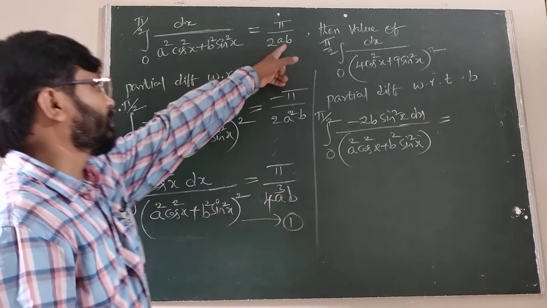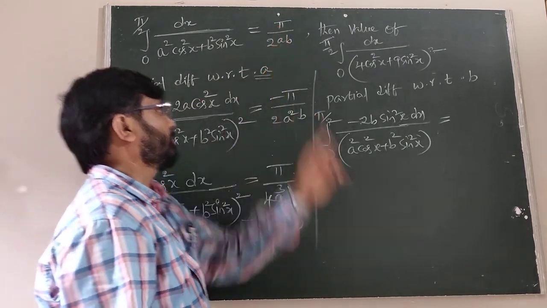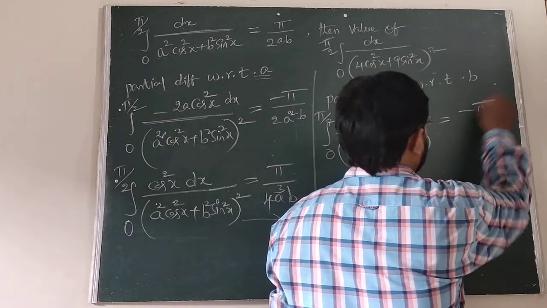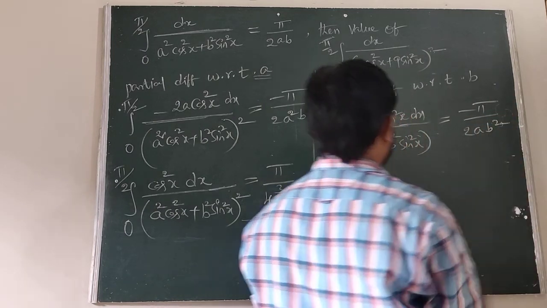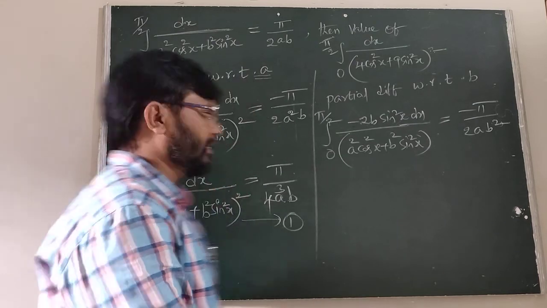Now the derivative of 1 by b is minus 1 by b square, so this is minus pi by 2 into a b square. This is sent to the other side.